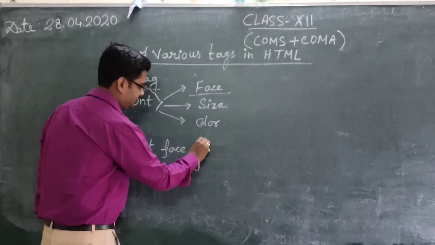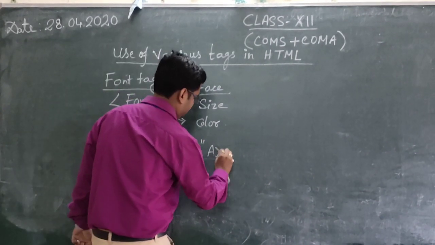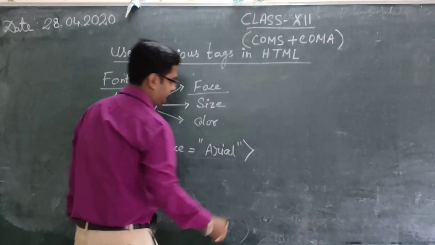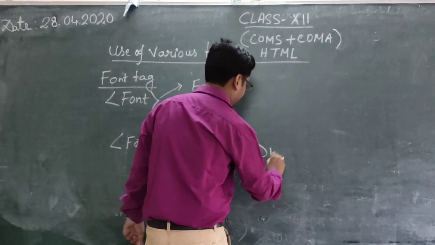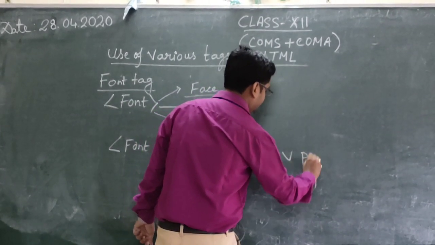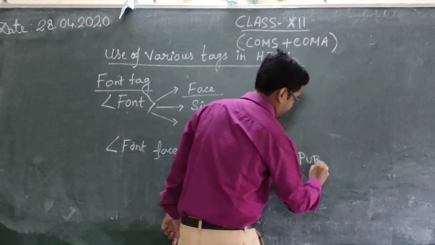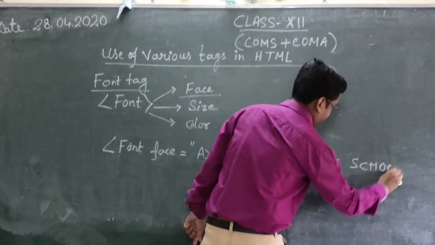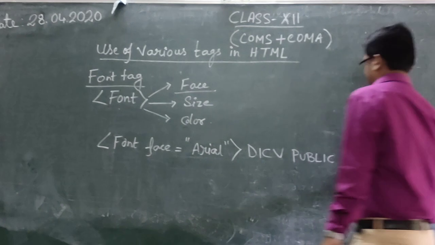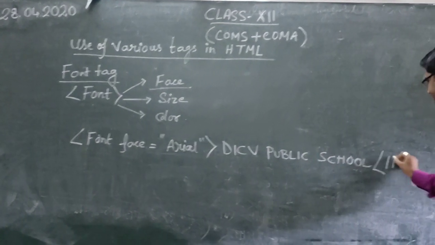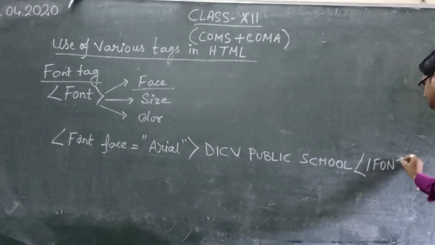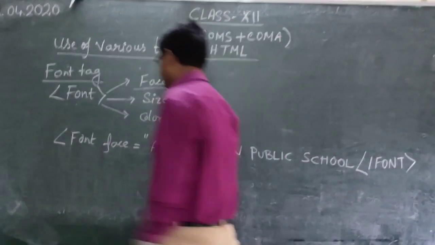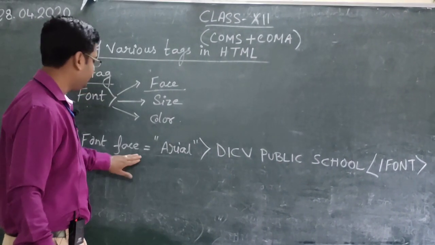Font face equals to Arial, and after that I am writing DICV Public School. And I am closing the font tag. So in this case we have only used the attribute face.